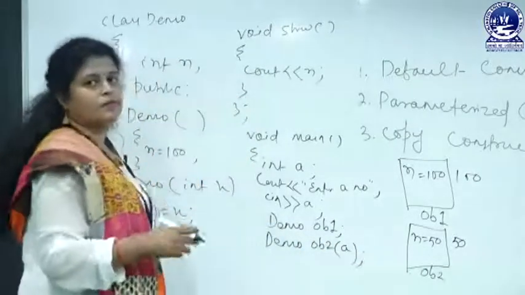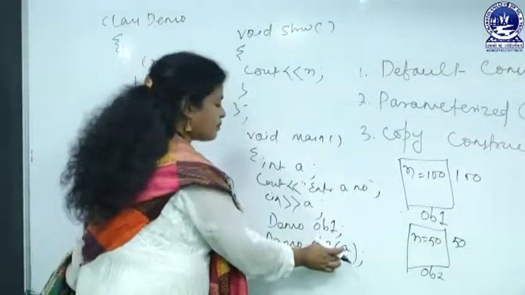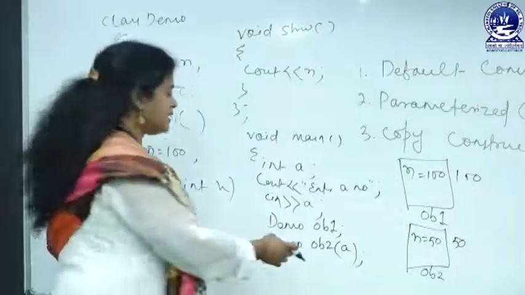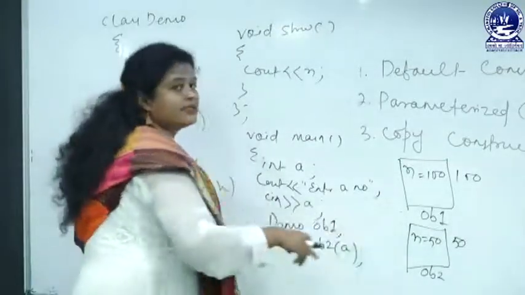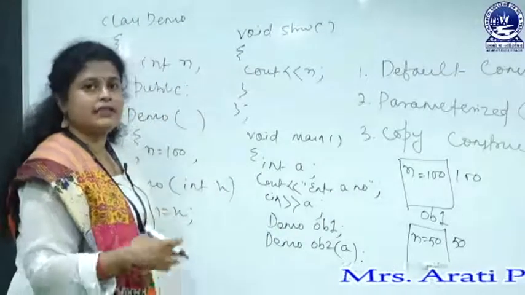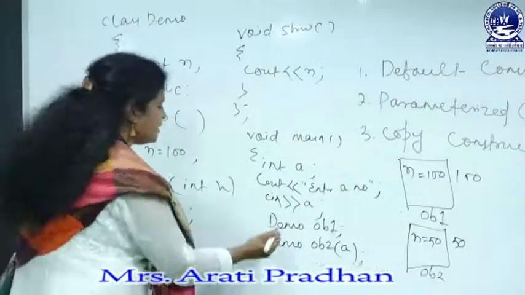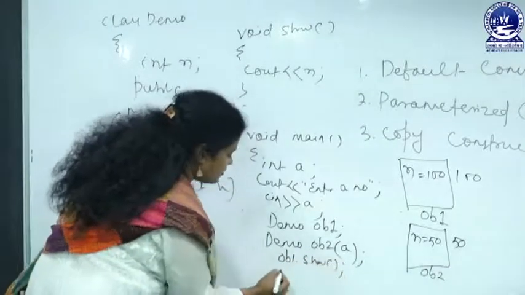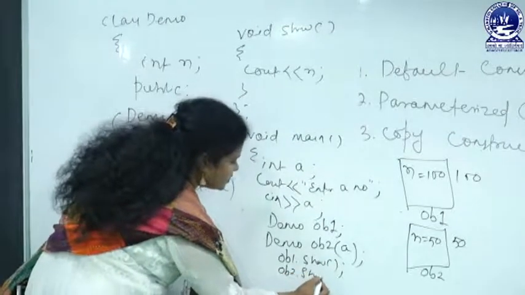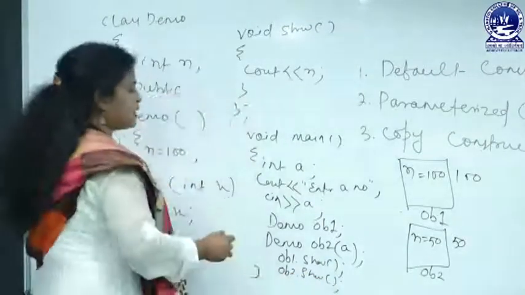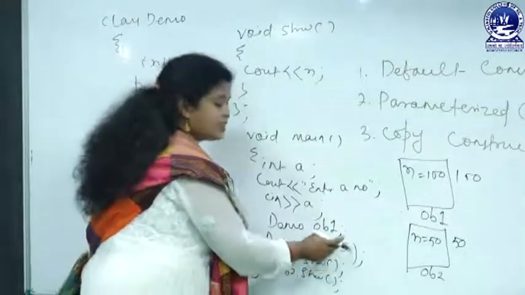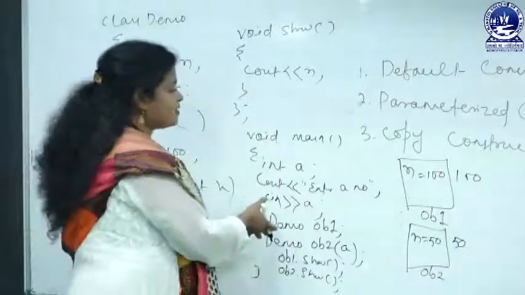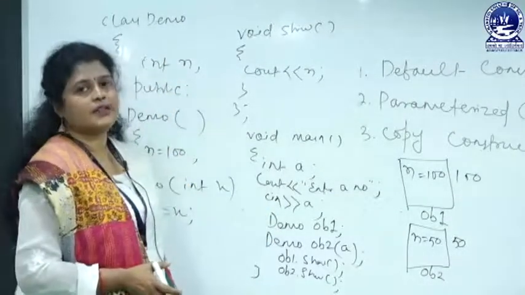This is different from the previous example. In the previous example I passed 50, but here I am passing a. If you enter 100, then the value of OB2's n will be initialized with 100. If you pass 1000, then n will be 1000. In this way, then OB1 dot show, then OB2 dot show. I just want to show you this other approach of passing an argument. Instead of a constant value, you can pass a variable also. It is also preferred by programmers in comparison to passing a constant value.